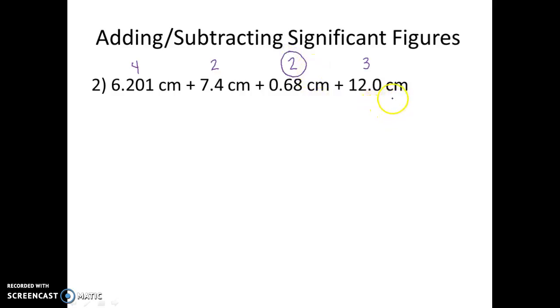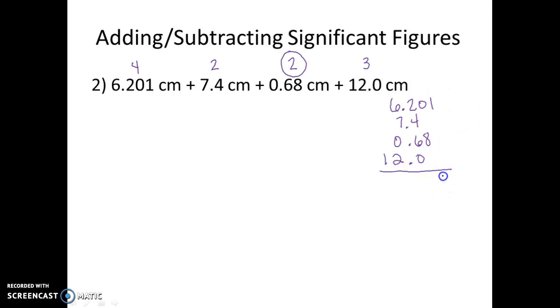So let's go ahead and add these together. We have 6.201, 7.4, 0.68, and I'm just lining up my decimals here, and then 12.0. Makes it a little easier to add if we are doing this freehand.